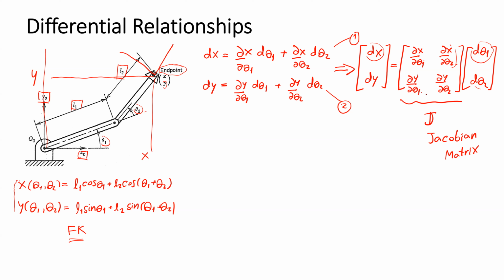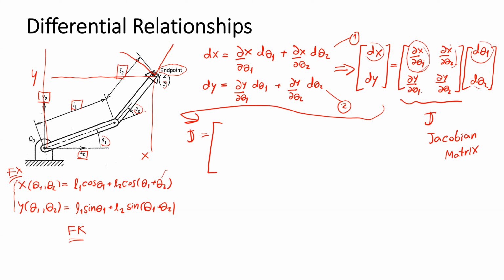Let's check this as an example. What should be the Jacobian matrix of this robot? Partial x by partial θ1 is the derivative of x by θ1 when we consider θ2 as constant.